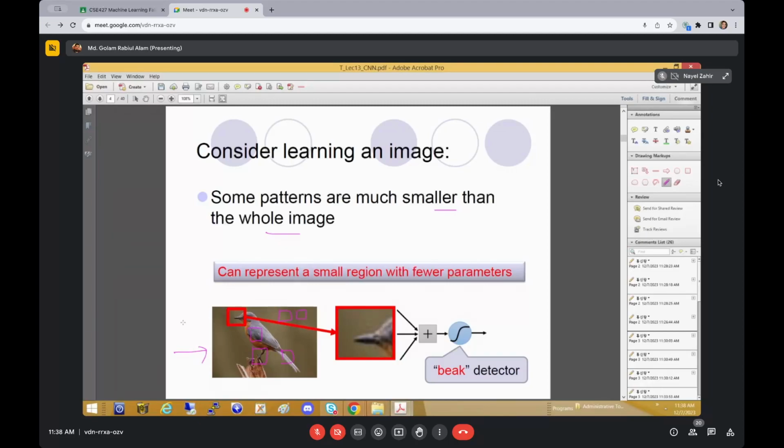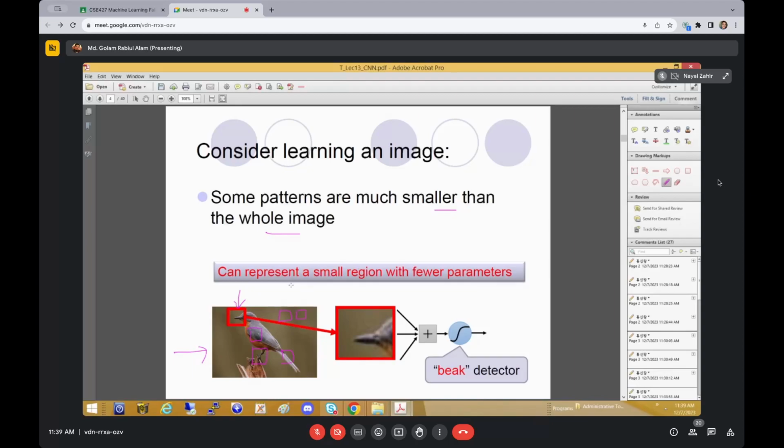And we can see here that the discriminative features lie only within some portion of this image, not the whole image. Then why is the whole image necessary for our consideration? That's why we want to find something like a beak detector, wing detector, leg detector, tail detector, eye detector.